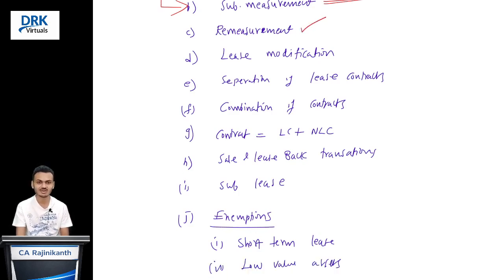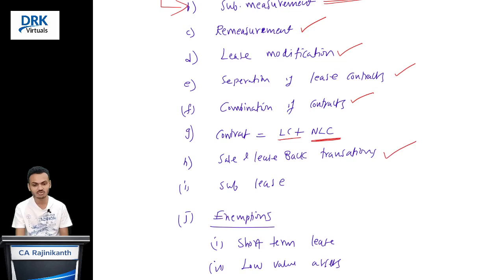If there is a lease modification, how can we account for that? If multiple assets are obtained on lease in a single contract, how to deal with that? If multiple contracts are entered into, when can we combine those contracts and when can we not, that also we will discuss. If a contract contains both a lease component and a non-lease component, how to deal with that?